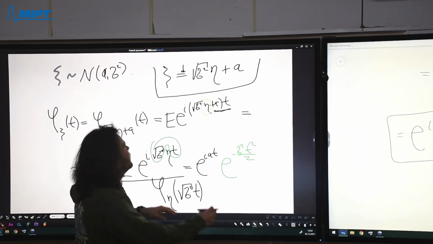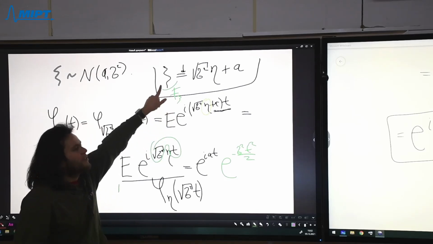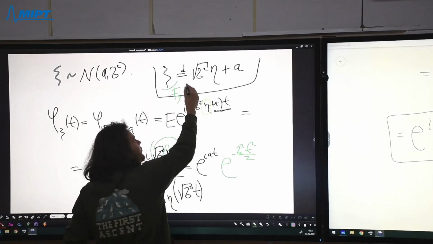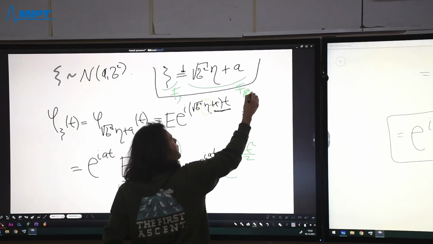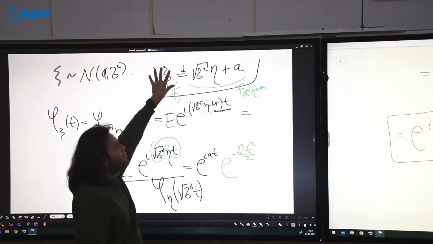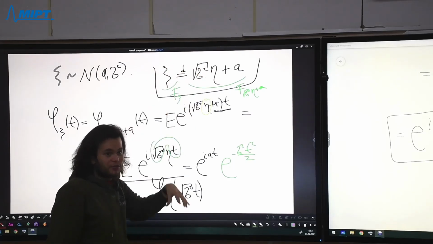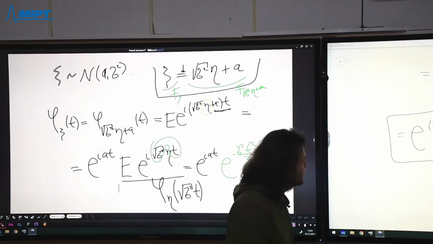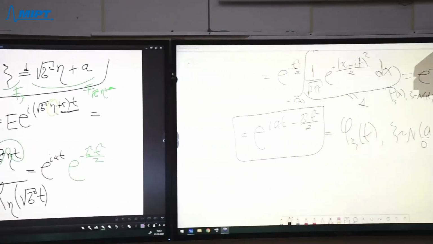We found that the CDF of psi is exactly the same as the CDF of this random variable. So the CDF of this random variable is equal to the CDF of this random variable. It means that they have the same distribution.